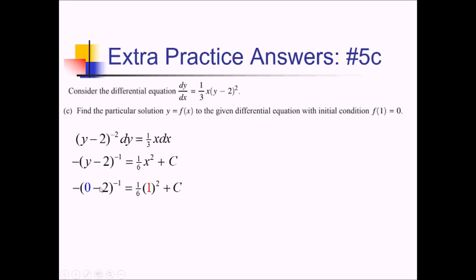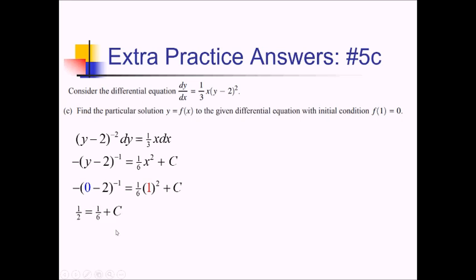On the left side, we have negative 2. Raising that to the negative 1 power, that's negative 1/2. But we have a negative out here, so that's positive 1/2. So when the dust settles, to get c, I need to do 1/2 minus 1 over 6. Well, that's really 3 over 6 minus 1 over 6, which is 2 over 6, which is 1 over 3.